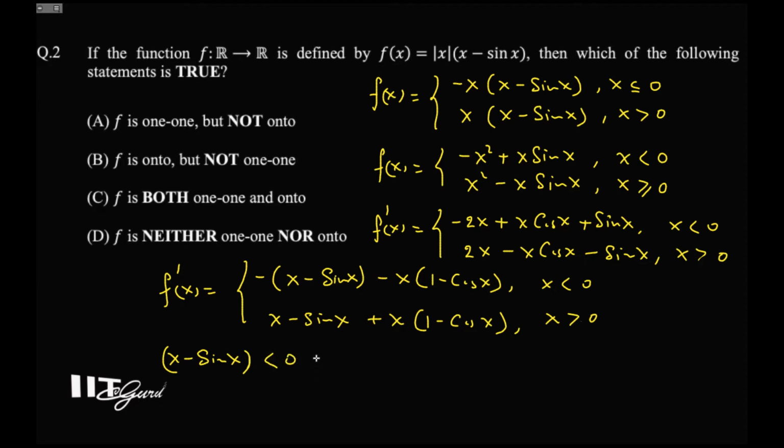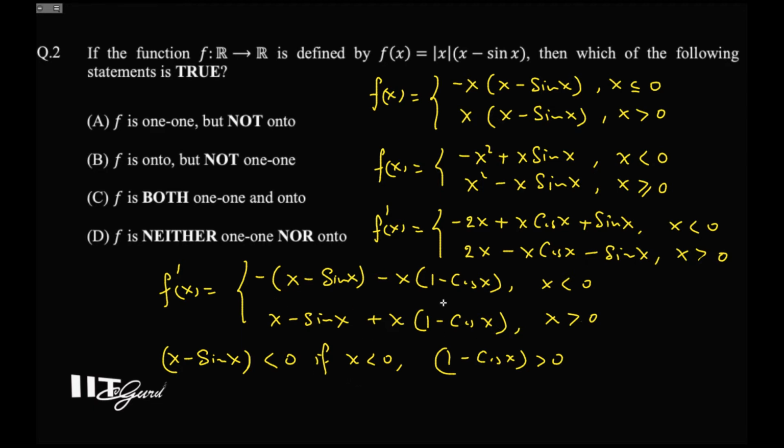And 1 minus cos x is always positive. Due to the negative sign, this one becomes positive, so the entire first term is positive and the second term is positive. For x negative this is positive finally, and of course this is positive for x greater than 0.